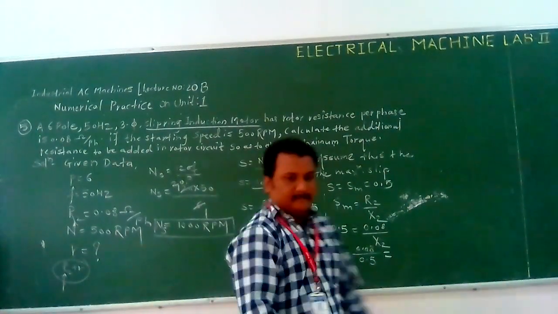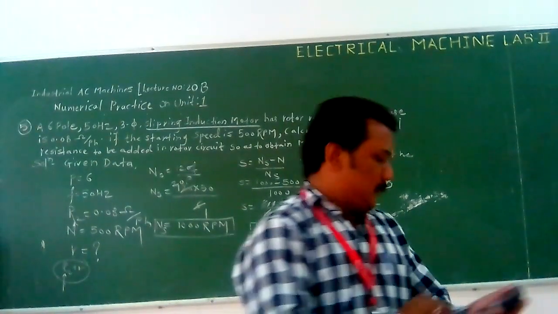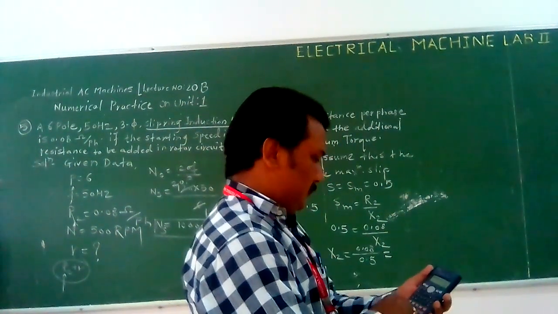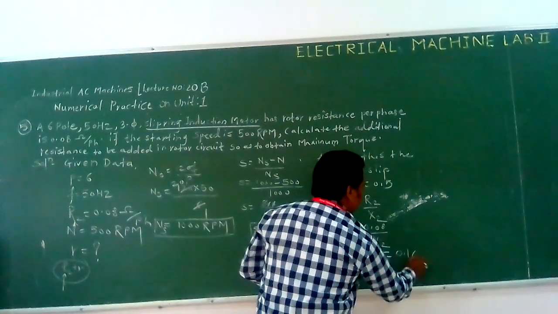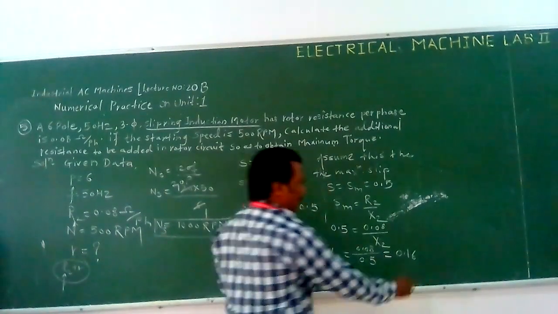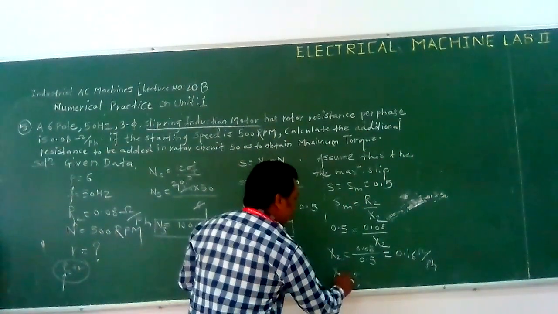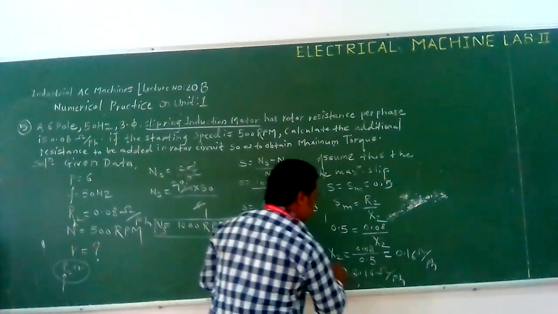By simplifying this, 0.08 divided by 0.5, X2 is 0.16 ohm per phase.